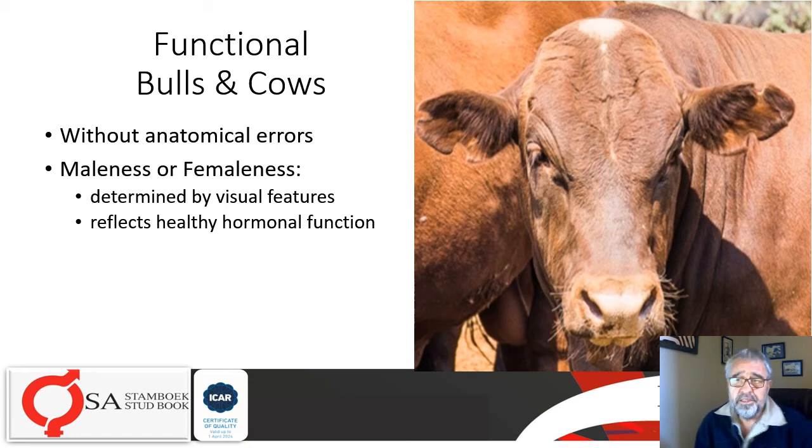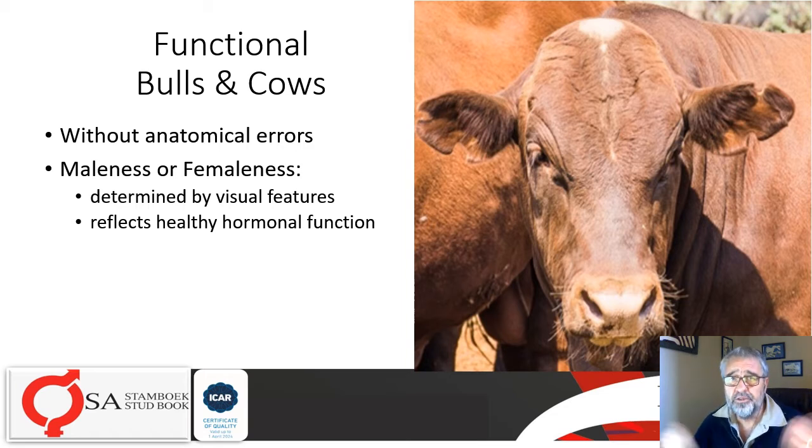So let's just look at some aspects of functionality in terms of bulls and cows. The first one obviously would be that you don't want to breed animals with anatomical errors or mistakes in the way that they are formed, and one can also talk about maleness and femaleness.